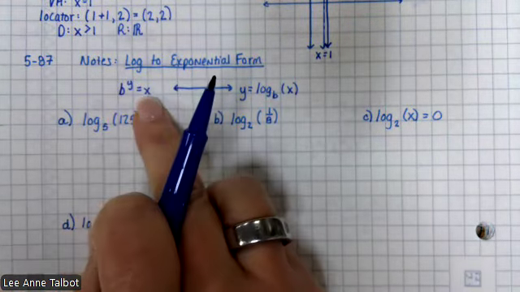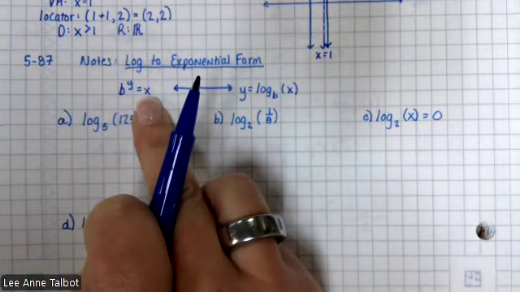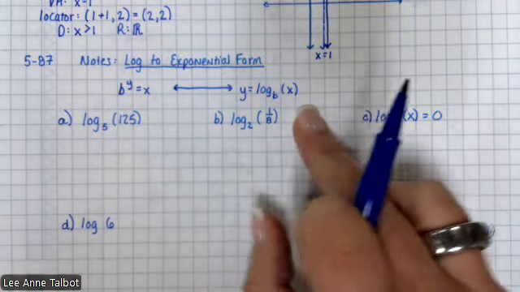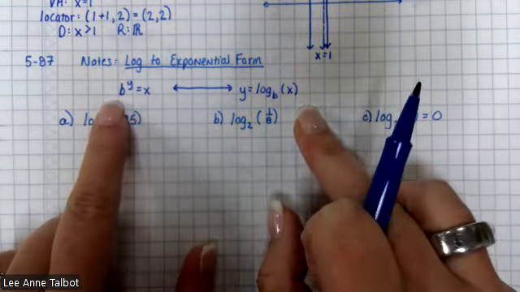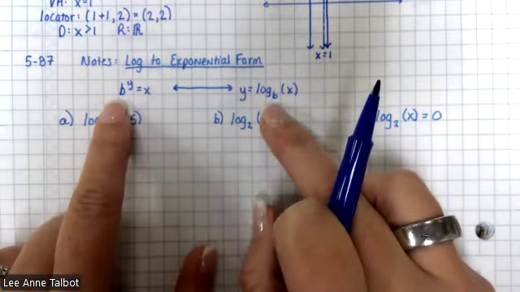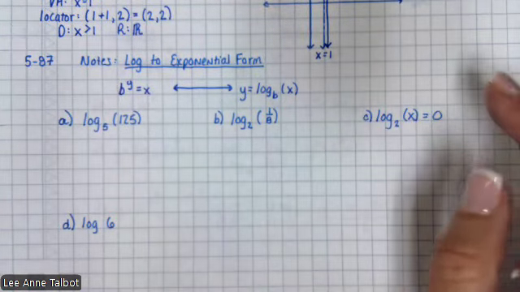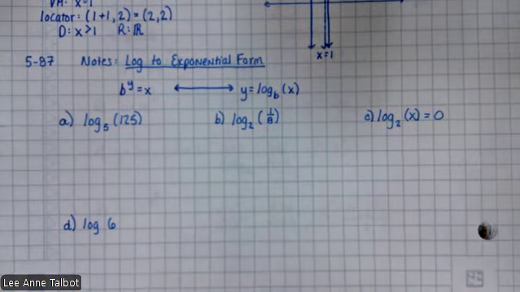So there's your temporary inverse, and then the logarithm. The most important thing for me is that you understand that b is the base of the exponent and b is the base of the log. If you can do that, then you're totally fine.